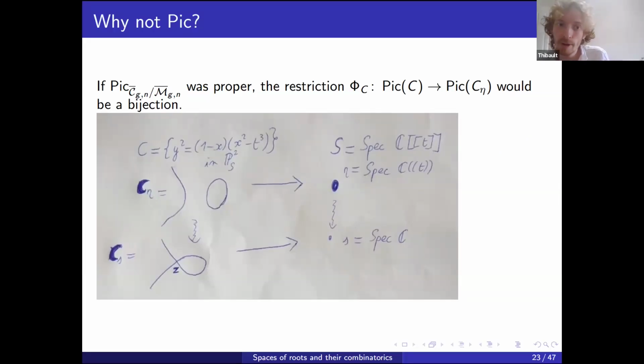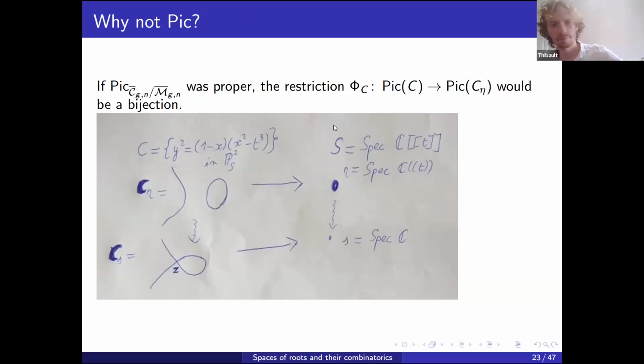And suppose that the generic fiber is smooth, for example, this smooth elliptic curve here, and the special fiber is one of my nodal cubics. And notice that there's a little difference with the previous example. Now in my equation, on the last term, I have x squared minus t to the power 3.